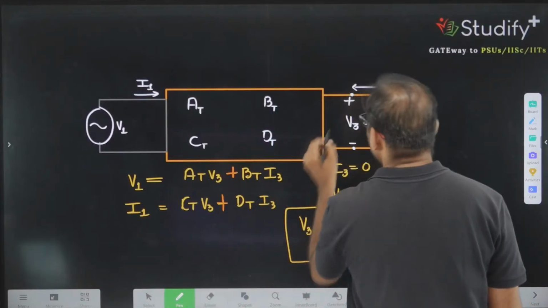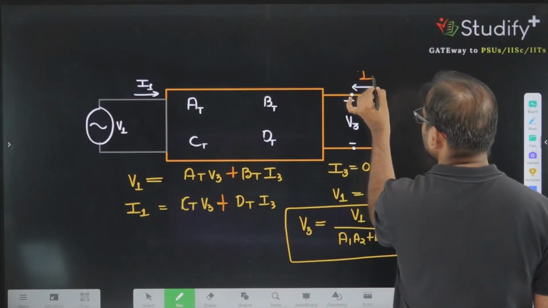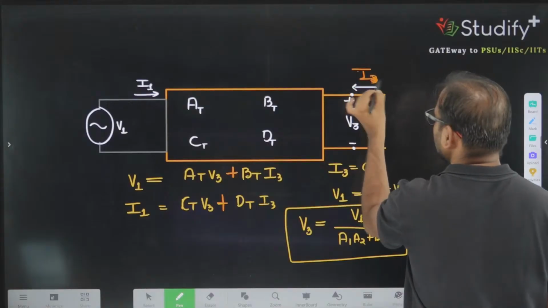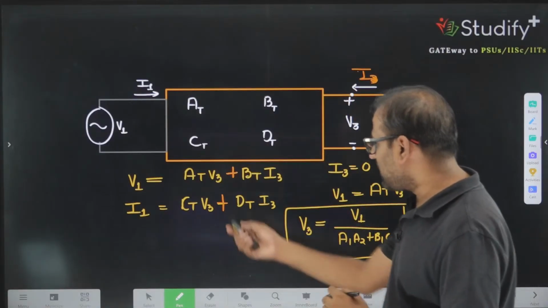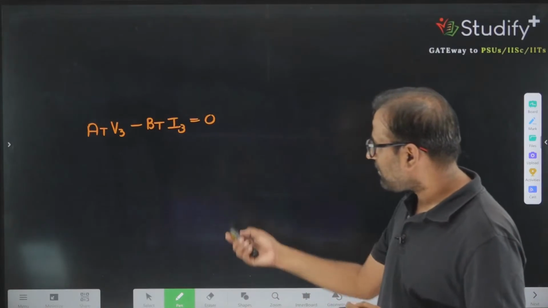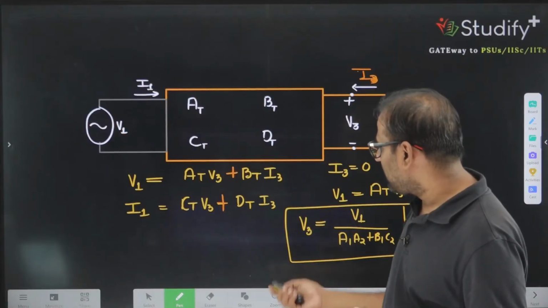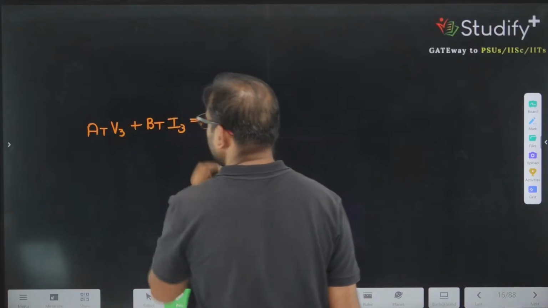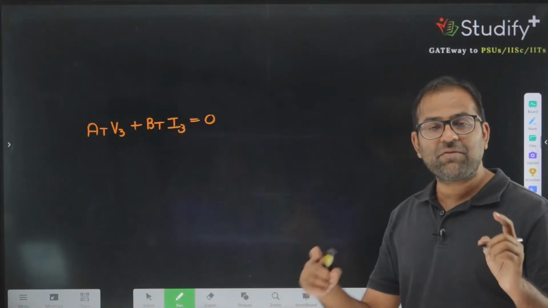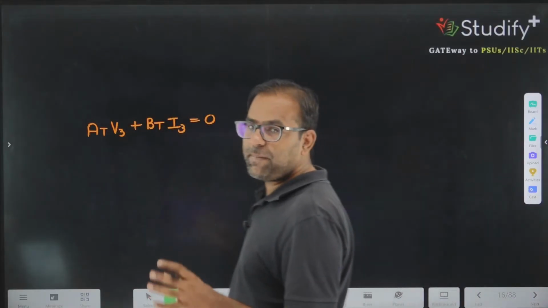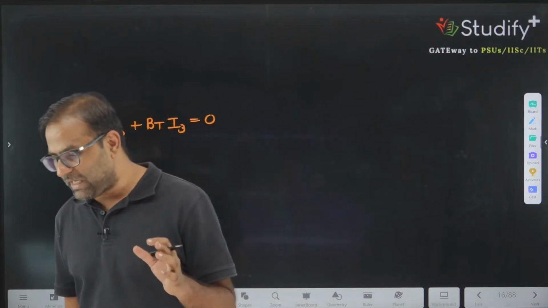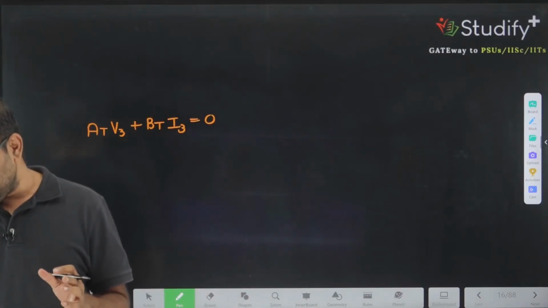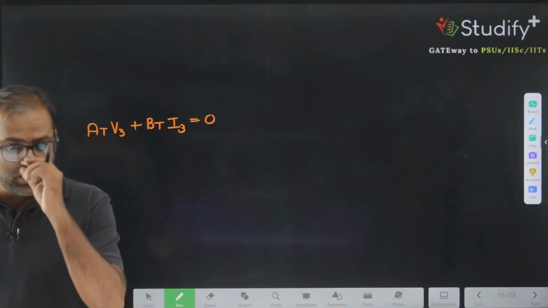If you use this here, can I say ATV3 plus BTI3 is equivalent to 0. By making V1 equal to 0, by making the independent source equal to 0, we are only interested in the ratio of V3 and I3.